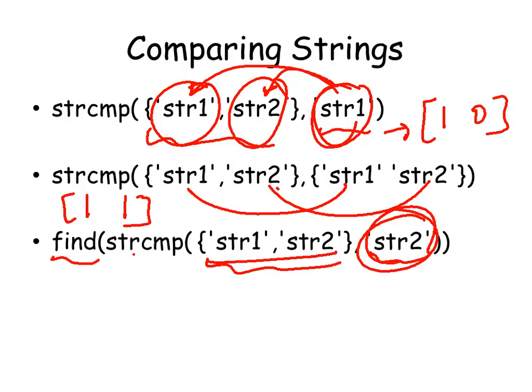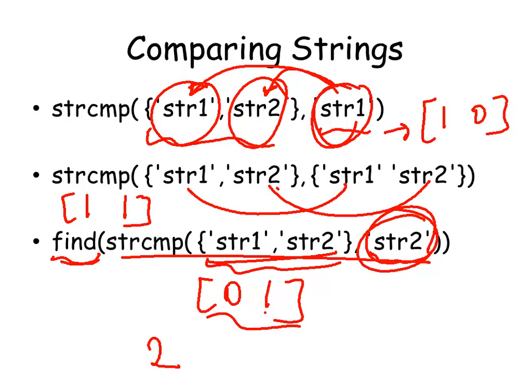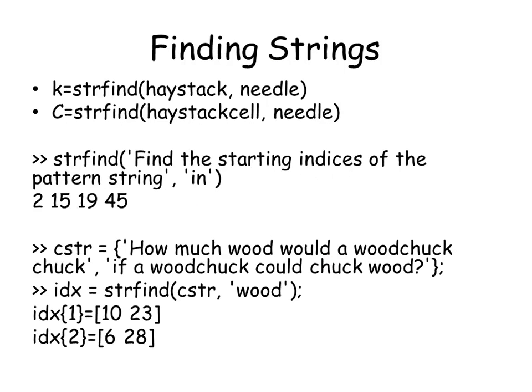So in this case, strcmp will give you a vector that contains 0 and 1, and then the find function will take this and give you the number 2, because the second element contains 1. All right? Good. So when you compare strings, you compare them as a whole. The strcmp function will take two strings and tell you whether they are as a whole equivalent or identical.